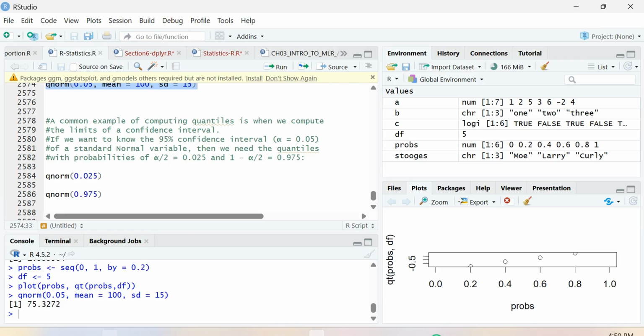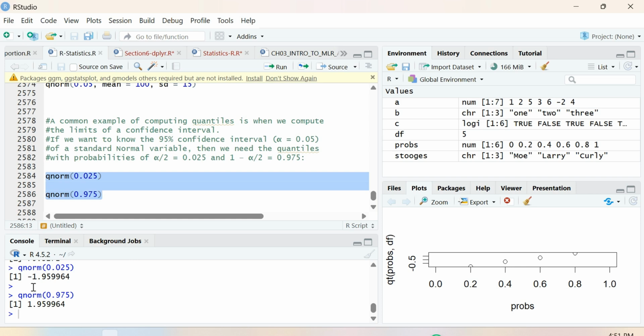So in this case, we have to calculate the quantiles of 0.025 and 0.975, right? So we use qnorm. If we do not set any parameter for the mean and the standard deviation, it is just the standard normal distribution, which means the mean is 0 and the standard deviation is 1.